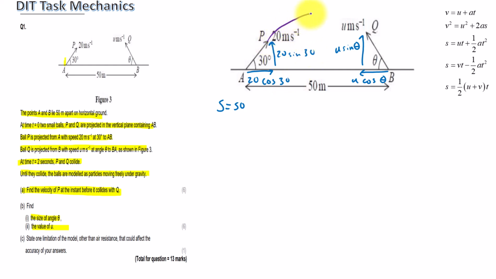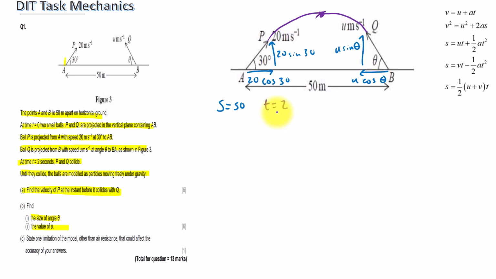Because if you think about it, if A to B is 50 and they collide somewhere like here, they're going to travel 50 meters. Now they collide at S equals 50, T equals 2.